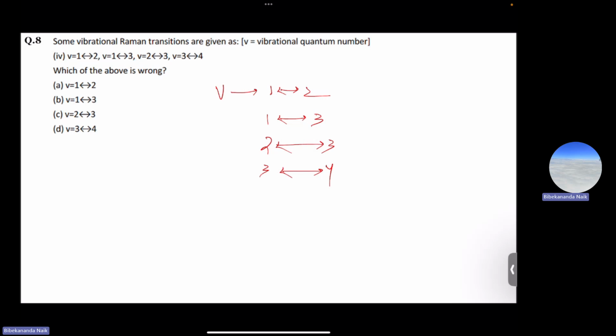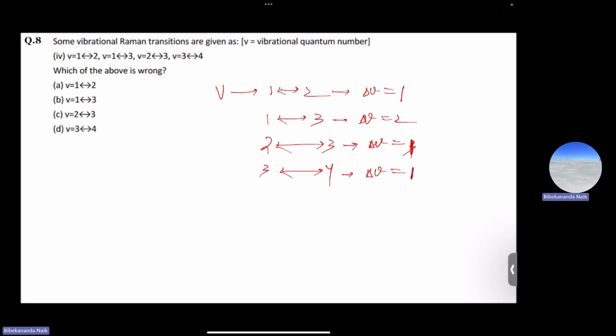If you think about the transition from 1 to 2, then here delta V is 1, here delta V is 2, here delta V is 1, and here delta V is again 1.